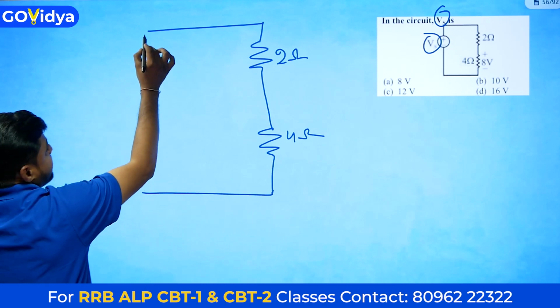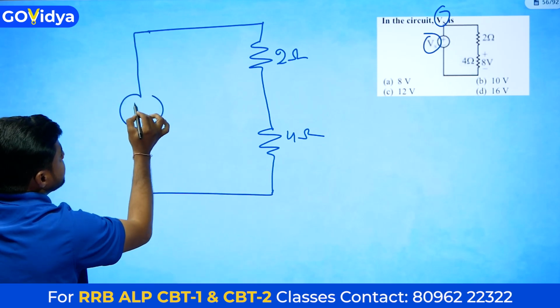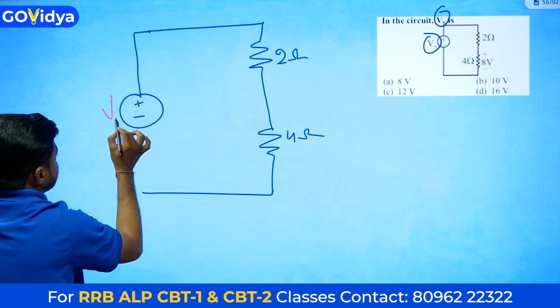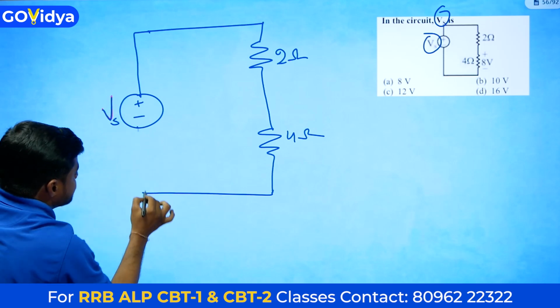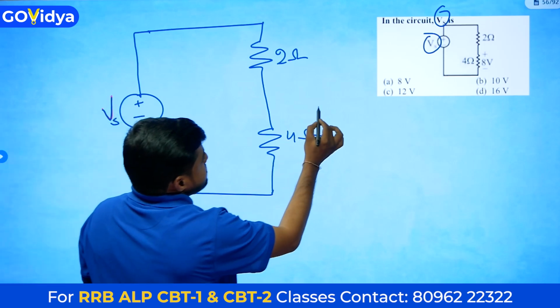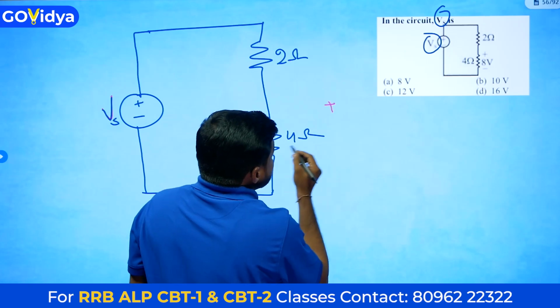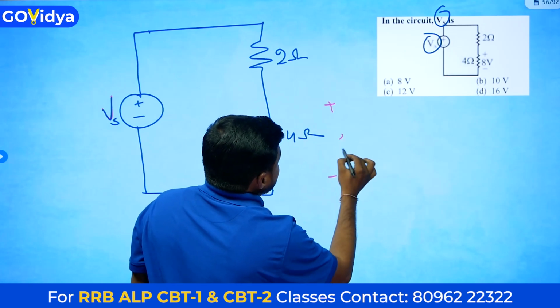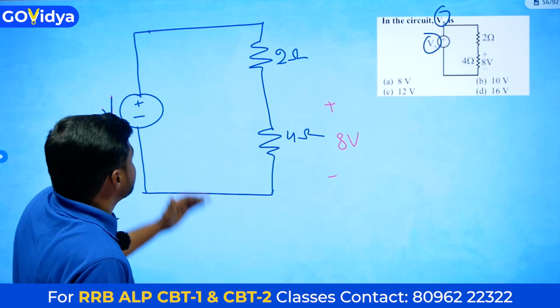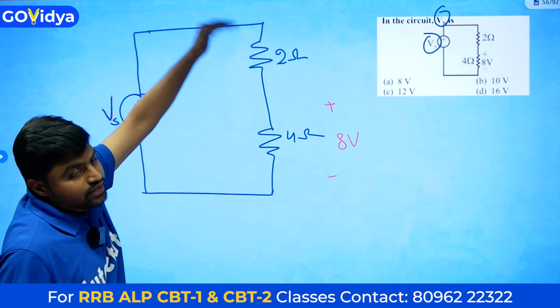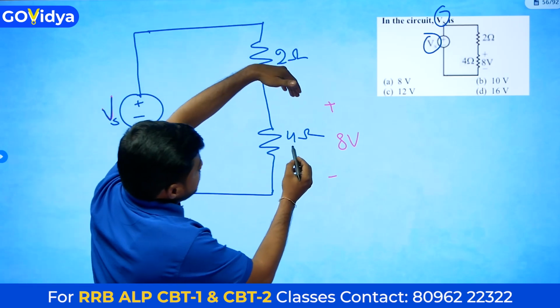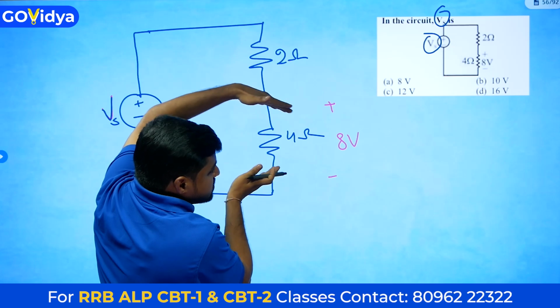The combination is connected across the voltage source Vs. The voltage across the 4 ohm resistance is 8 volts. Now we have to find the current through this circuit.